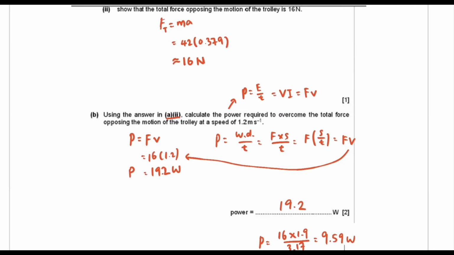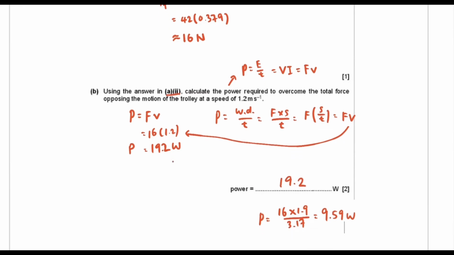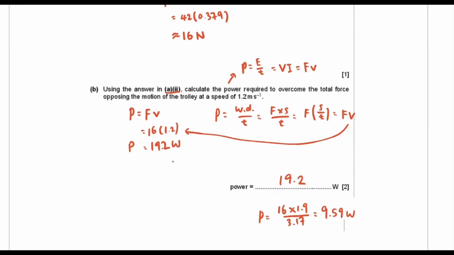Let's see the displacement over time. Displacement over time at 1.2 equal or not? 1.9 over 3.17, 0.59. Okay. So do you put 3.17 as the time?